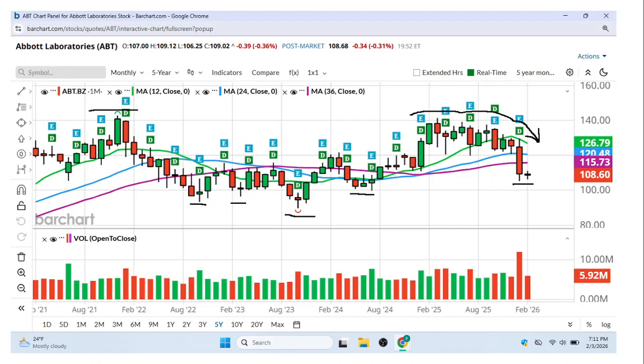This is a longer term chart of the same company, Abbott Labs, on a monthly 5-year chart. Pretty interesting is that if we look to the left from this congestion or supply area, we see that in the past this was also a congestion, resistance, or supply area. It's interesting that it got up to that point and just could not get over it.